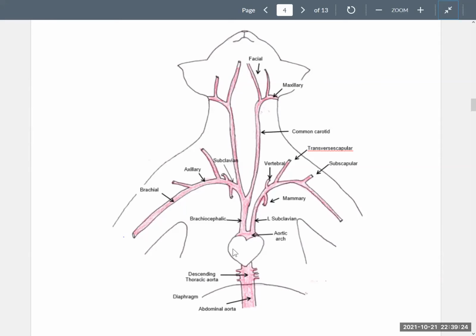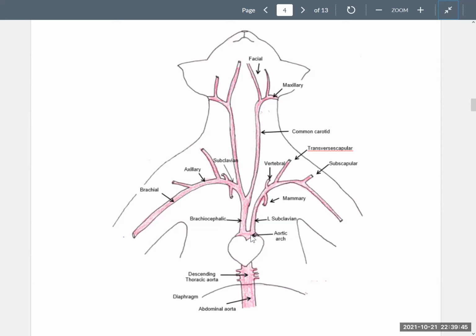Now, in the human heart, the models that I've shown you, I've taught you the ABCs. And there were 3 vessels coming off the top of the aortic arch. This is a minor, but significant, difference in the cat.